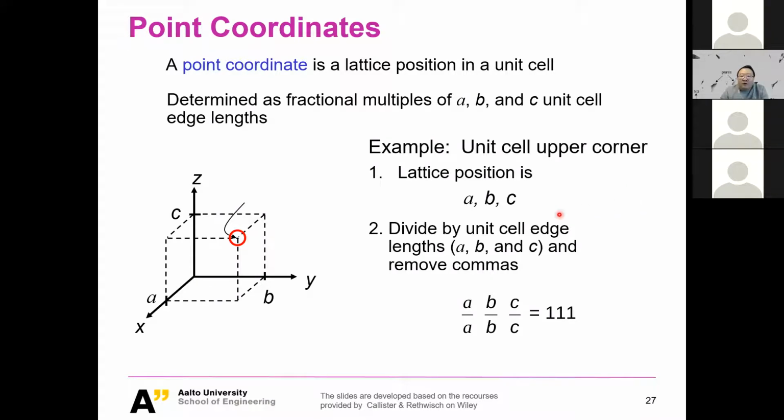That's why we're going to do a division. We're going to divide the lattice positions in coordinates by the length of each edge respectively, meaning we're normalizing it. So we go for the A direction divided by A, B divided by B, C divided by C. This atom, we will simply call 111.